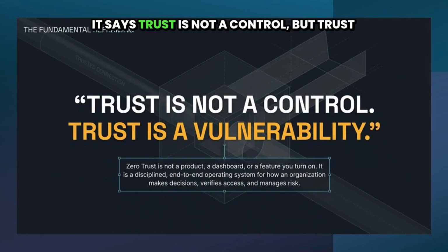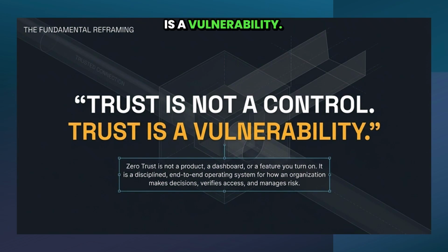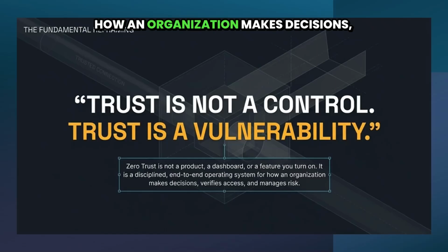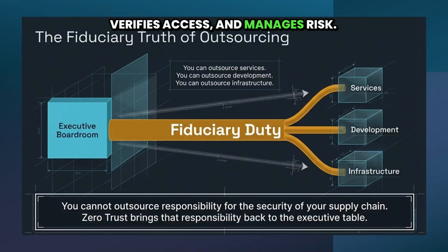It says trust is not a control, but trust is a vulnerability, and that shift changes everything. Zero trust is not a product. It is not a dashboard. It is not a feature you turn on. Zero trust is a governance model, a disciplined end-to-end operating system for how an organization makes decisions, verifies access, and manages risk.